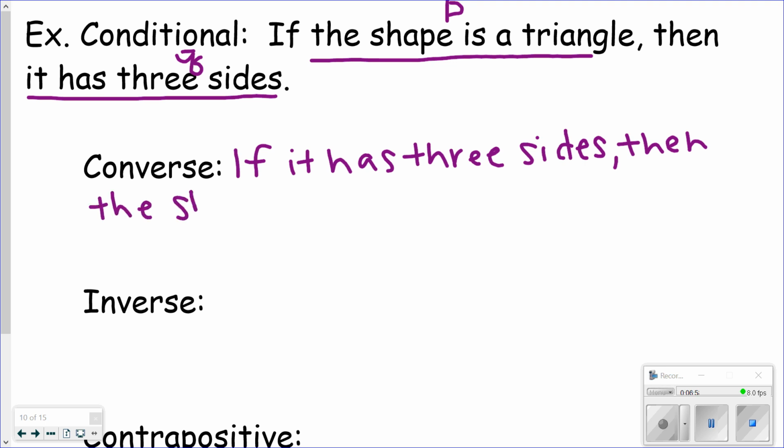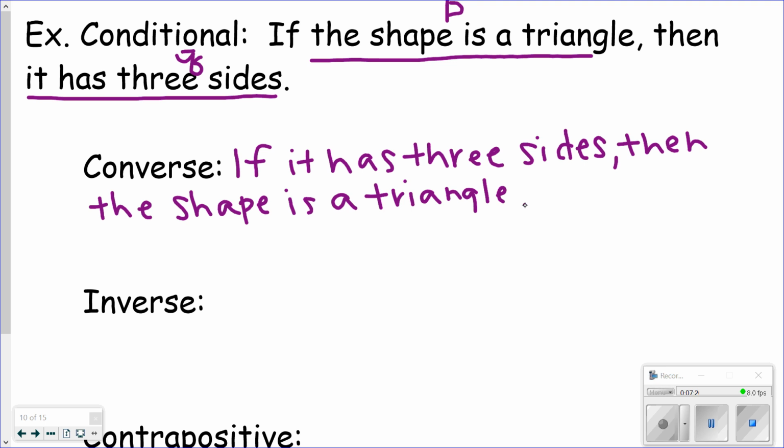So the shape is a triangle. So once again, going from my conditional to converse statement, I just switched around my P statement and my Q statement.